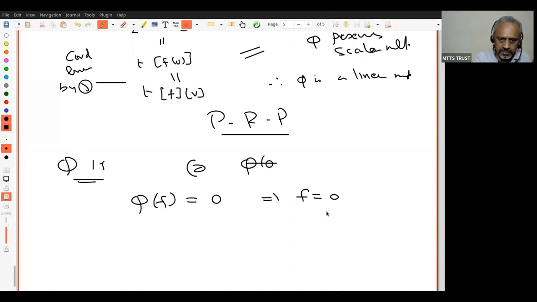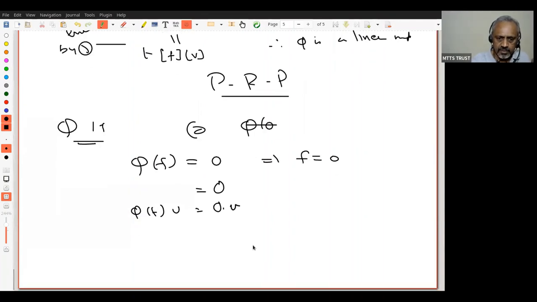Right? Okay. So this 0 is the same as saying phi of f is 0. What is phi of f? That's a matrix acting on V, the coordinates, equal to the 0 matrix acting on V.